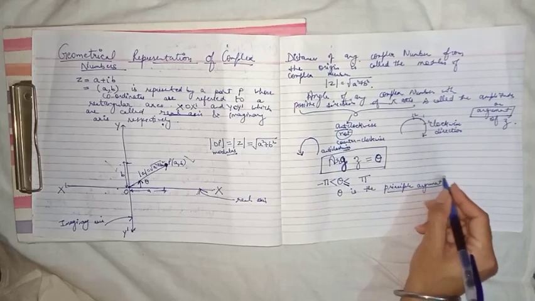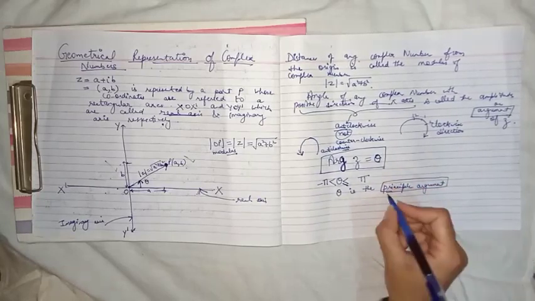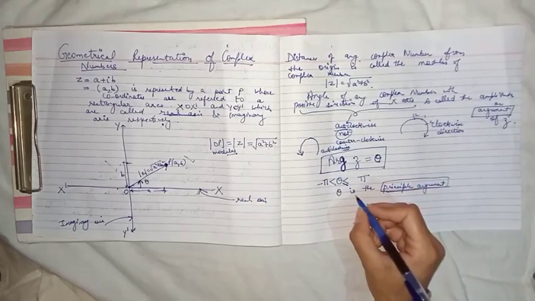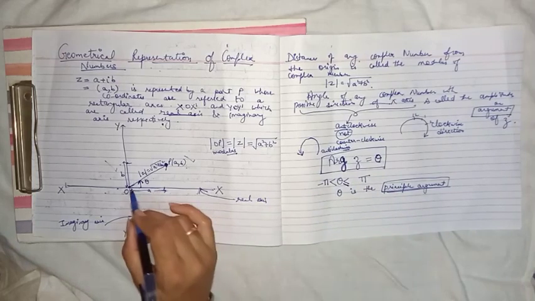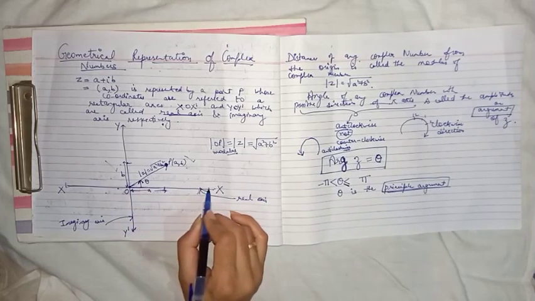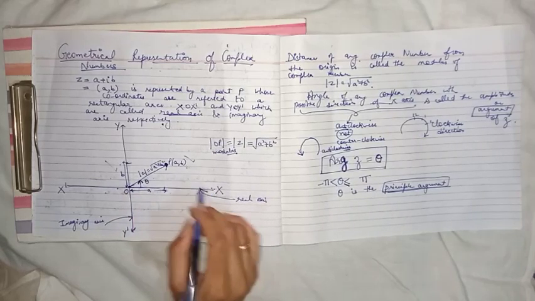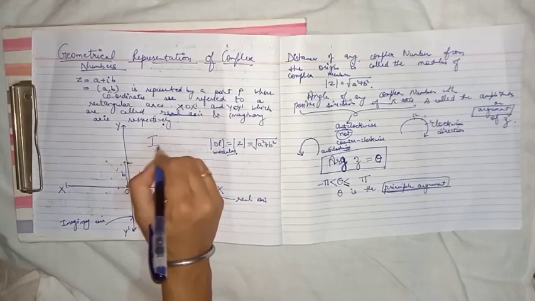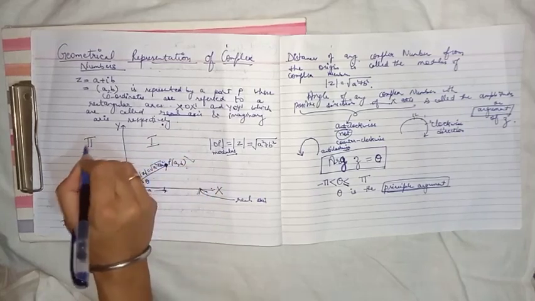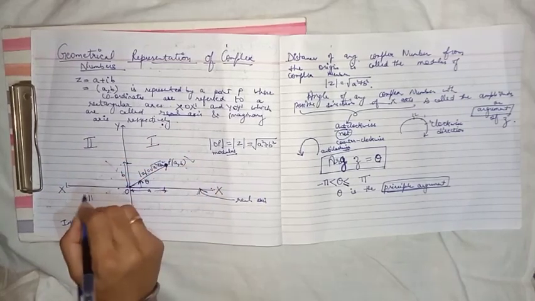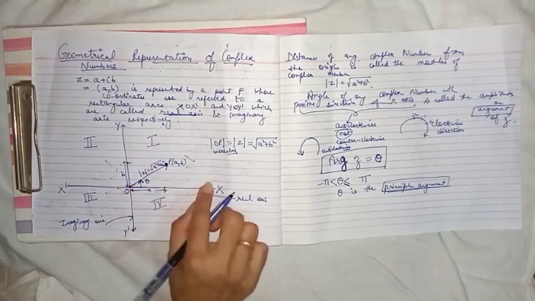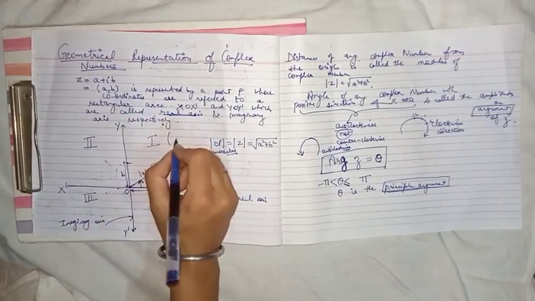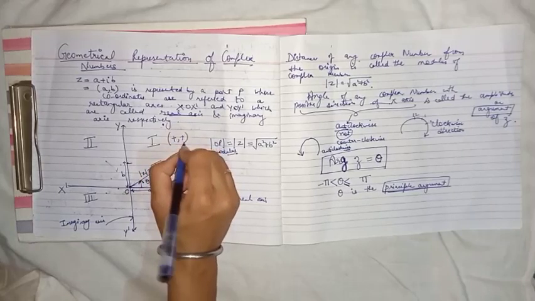What is the meaning of principal argument? This means that angle which lies closest to the positive direction of real axis. Now you all know that this is the first quadrant, this is the second quadrant, this is the third quadrant, and this is the fourth quadrant. Here x is positive, y is positive, so you can write plus comma plus here.